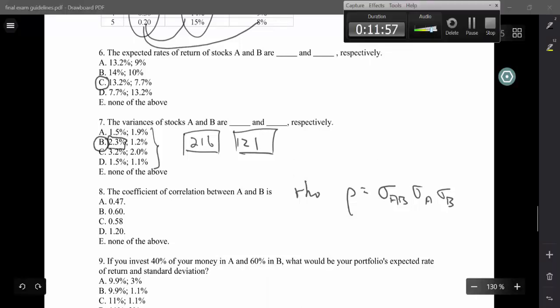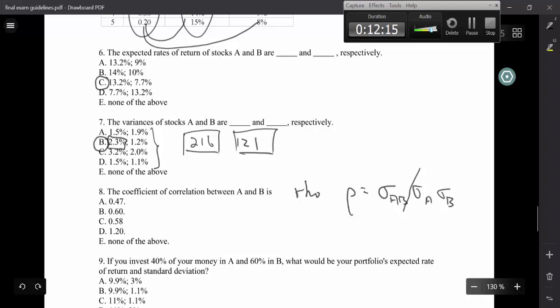All right, I knocked out a spreadsheet, as I said to you, and sorry, this one actually is divide. It's not multiply. It's covariance divided by the individual standard deviations.